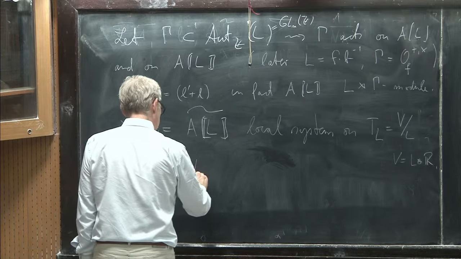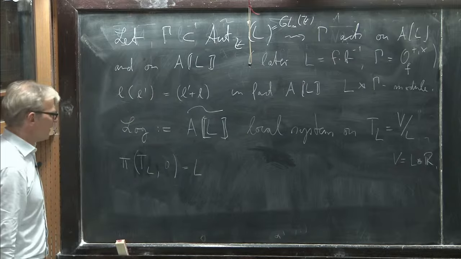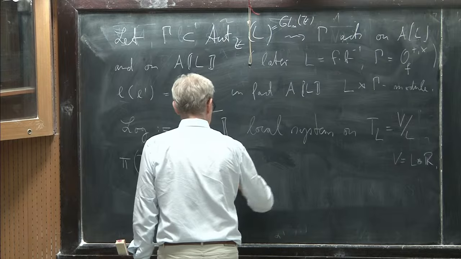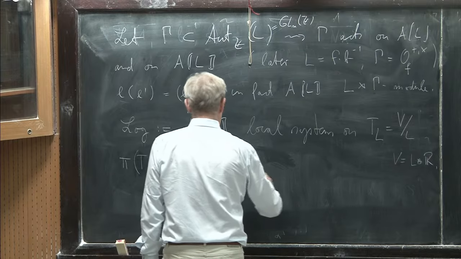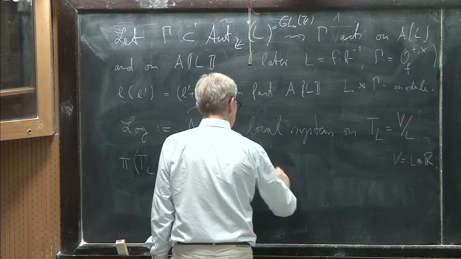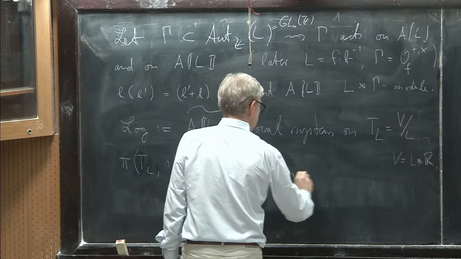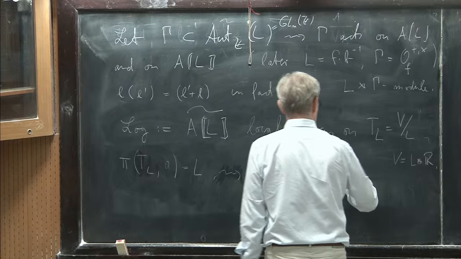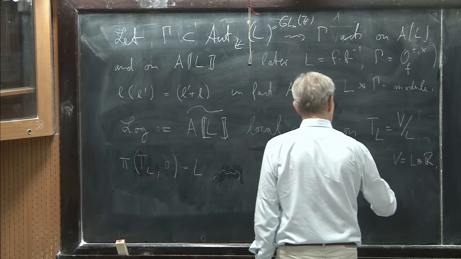That's, of course, canonically identical to L. And so what we get is that the stalk of that sheaf is canonically isomorphic to the thing we started with.